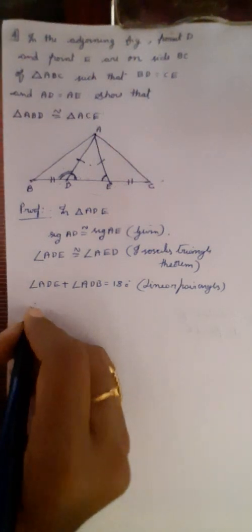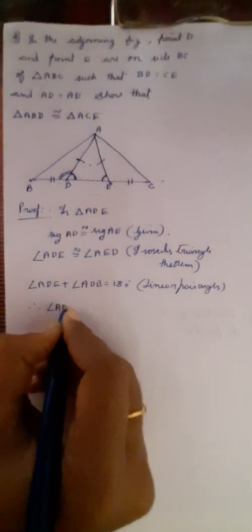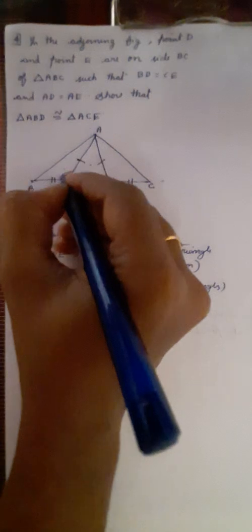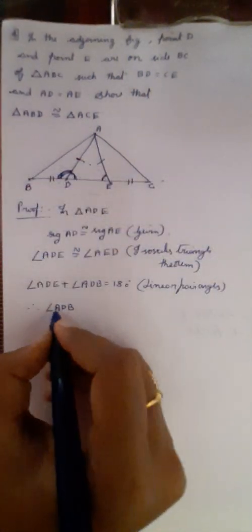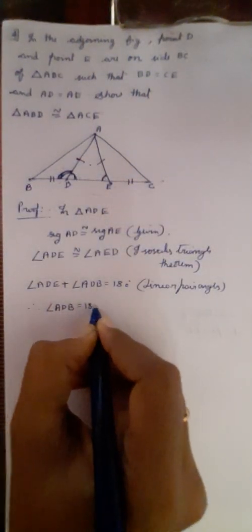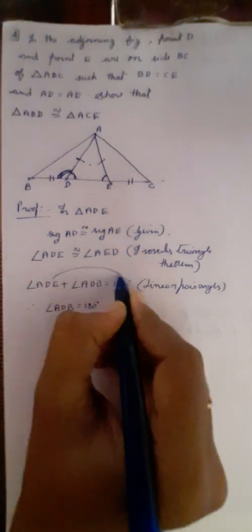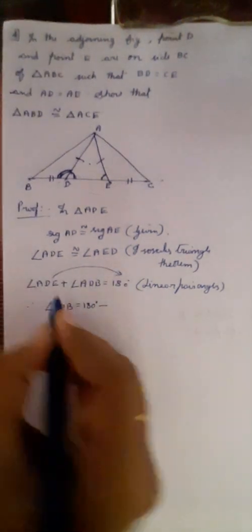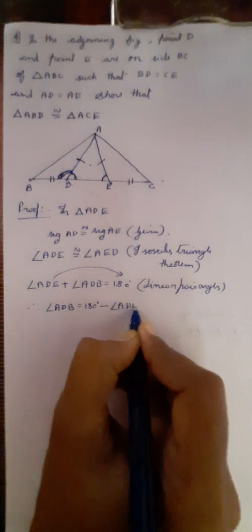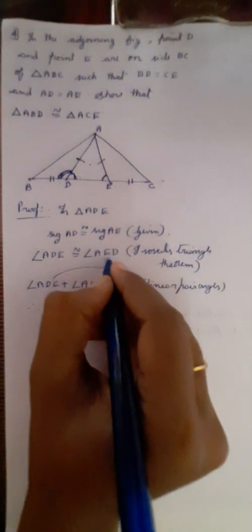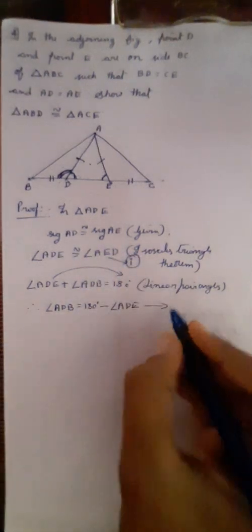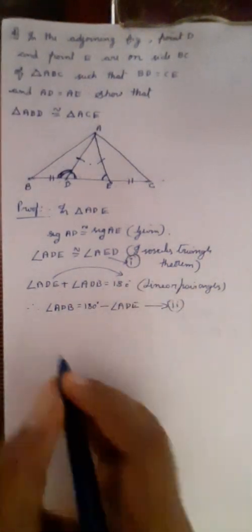Now, therefore, angle ADB, now we are focusing on ADB. So angle ADB is equal to 180 degrees minus angle ADE. Consider this as equation 1 and this as equation 2.